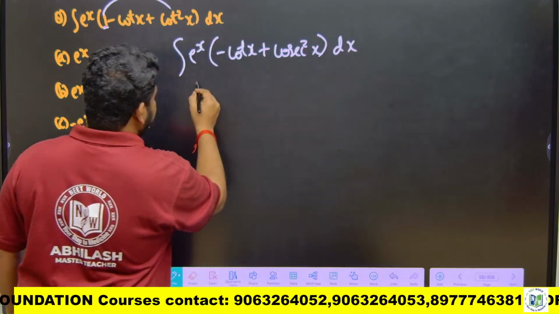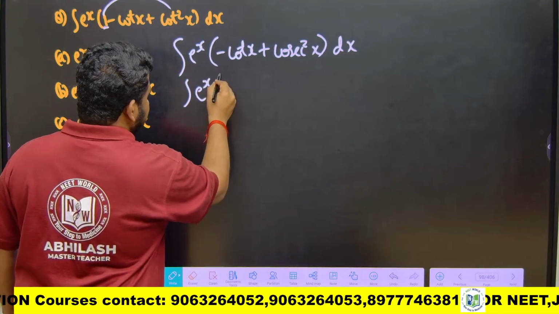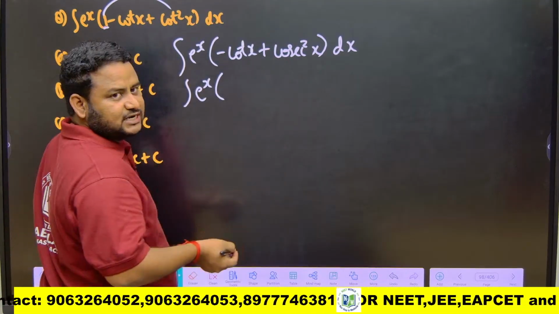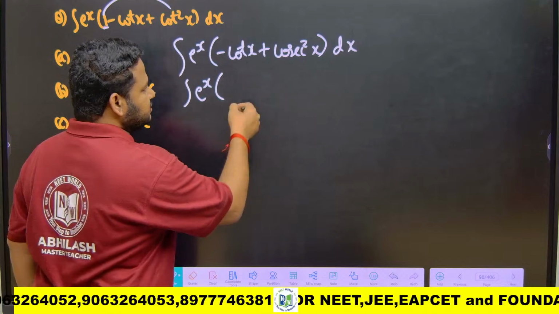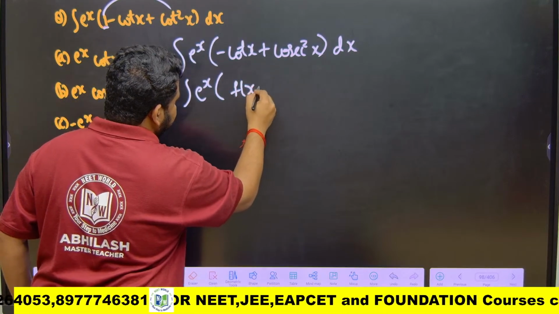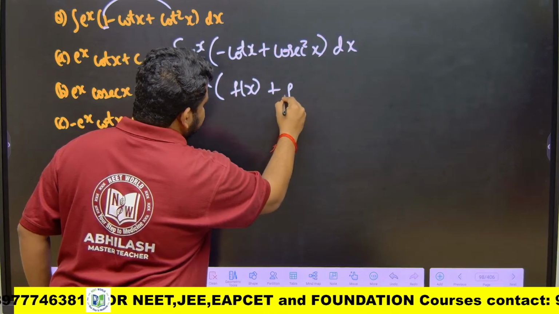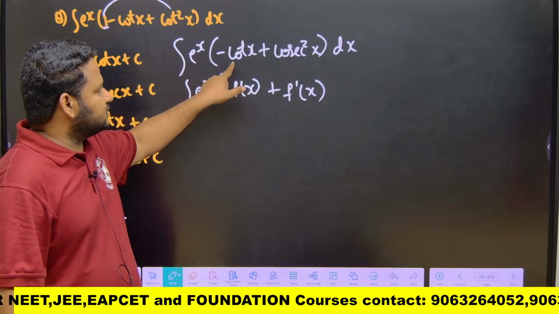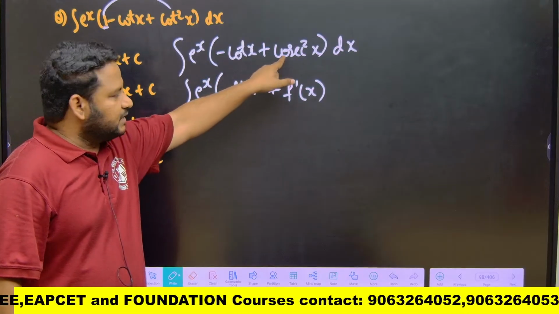So here we have e power x and cosecant square x, which is of the form f of x plus f dash of x. Observe carefully: the derivative of cot x is minus cosecant square x.